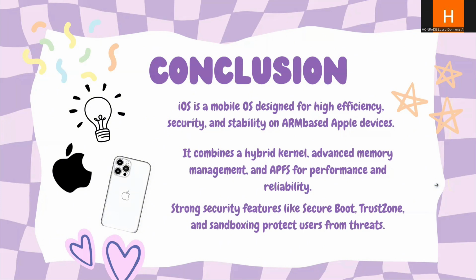It uses a hybrid kernel, smart memory management, and the Apple File System, or APFS. To keep performance fast and reliable, the hybrid kernel combines speed with flexibility. Memory management helps prevent slowdowns, and APFS both protects your files and makes storage more efficient.